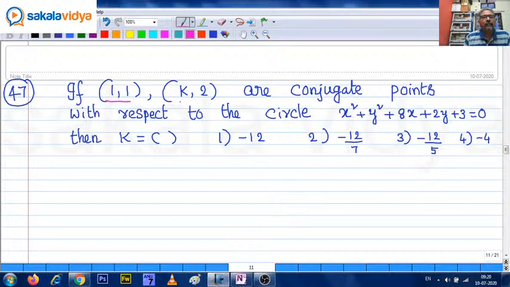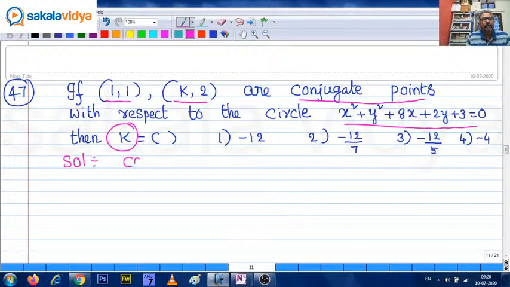(1, 1) and (k, 2) are conjugate points with respect to this circle. Then we need to find the value of k. The condition is S12 equals 0.